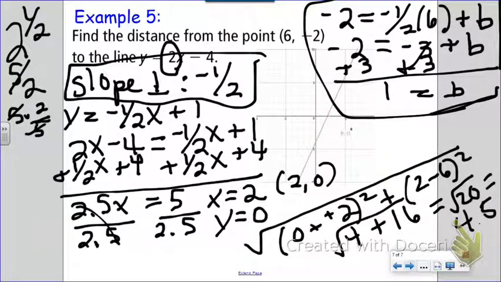Then we set the two equations equal to each other, found the x, plugged the x back into the original equation to solve for y, and finally used our points (6, -2) and (2, 0) with the distance formula to get the distance from the point to the line.